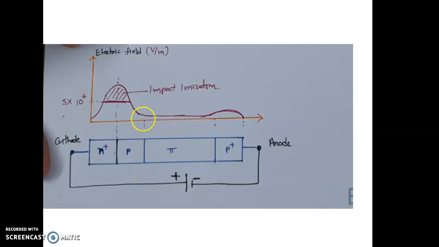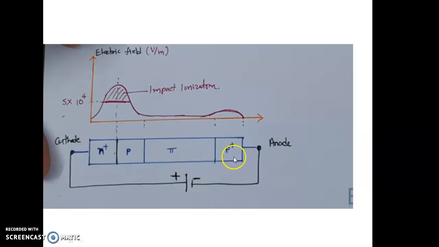See the electric field, how it would be in the depletion region. This is under reverse bias condition. The pi region is very large.